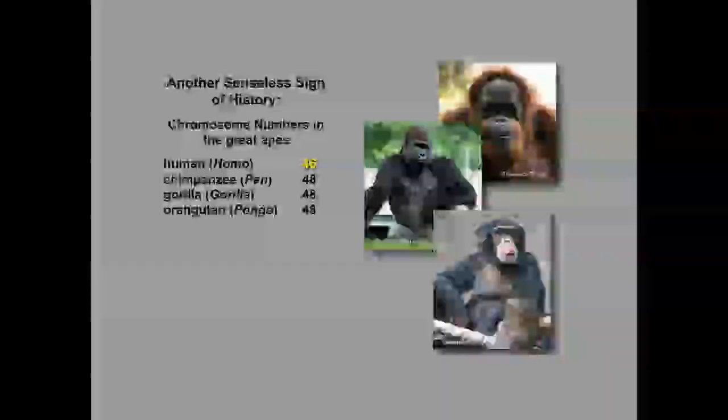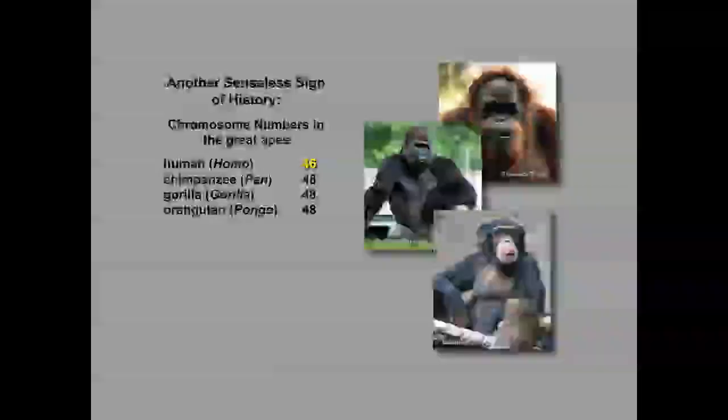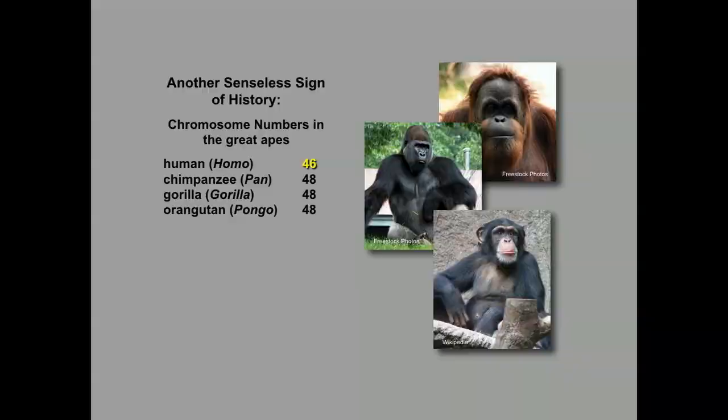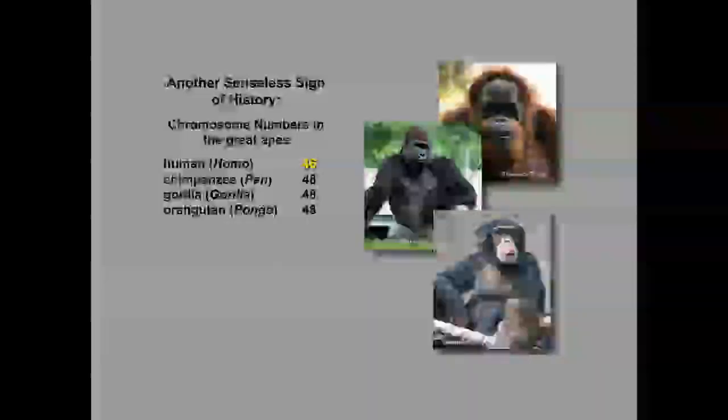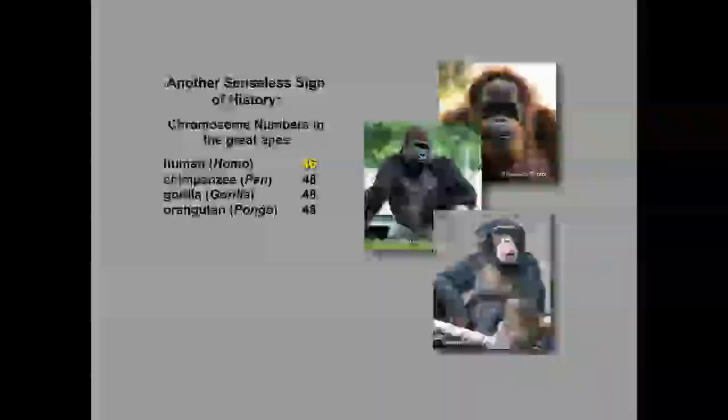I want to show you another example that I gave the judge. We humans have 46 chromosomes. Every student learns that in high school biology. Also, we share recent common ancestors with the other African great apes, gorillas, orangutans, and chimpanzees. But here's the interesting thing. Those guys have 48 chromosomes. We only have 46. So we have 23 pairs, they have 24.